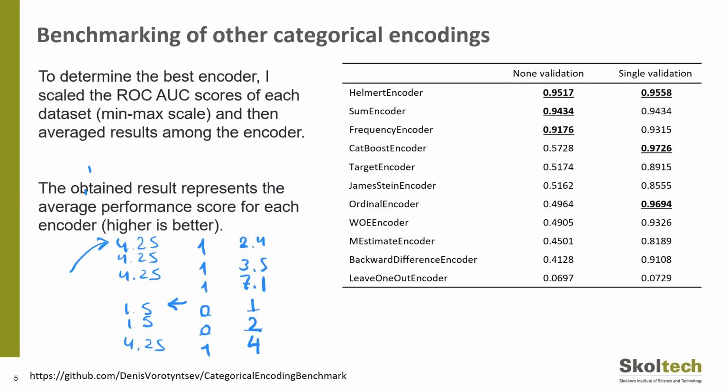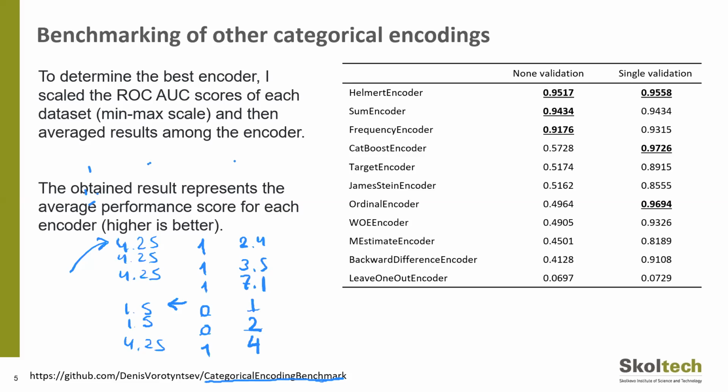In many cases, we can improve over what we can do with something like one-hot encoding. There are a lot more of them. If you're interested in this topic, you can look at this benchmark, where you can see the comparison of the most popular encodings and how they work in some settings.